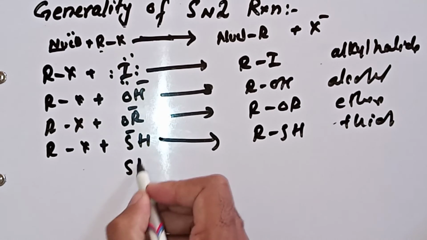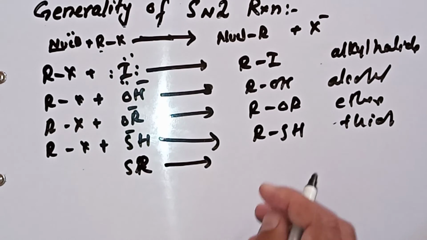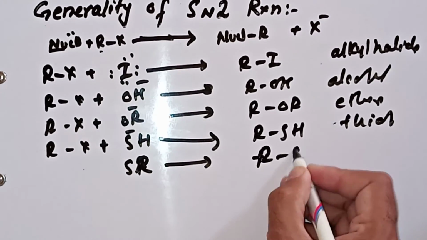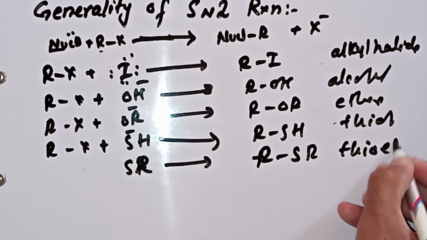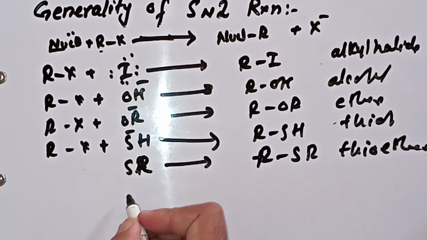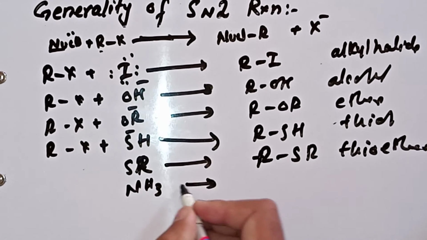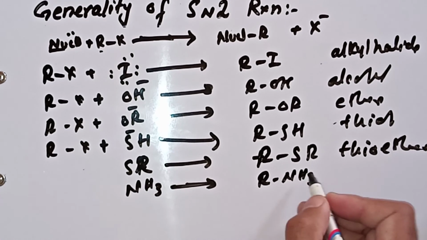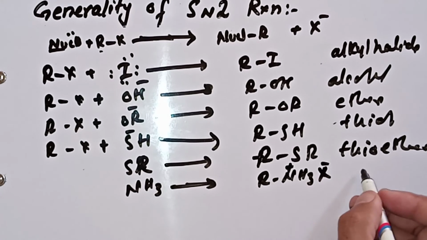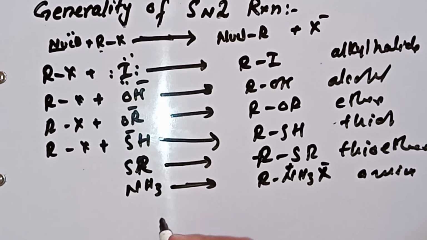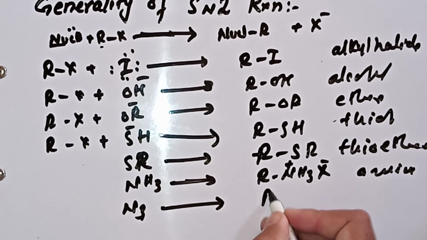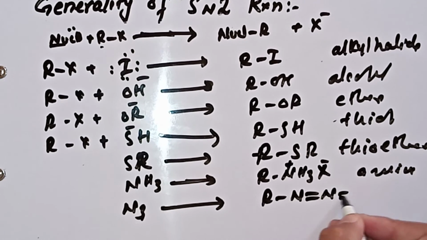When we use SR as a nucleophile, it produces thioether, RSR. When we use NH3 as a nucleophile, it produces amine, RNH3 plus and X negative. When we use N3 as a nucleophile, it produces azide, RN double bond N double bond N.